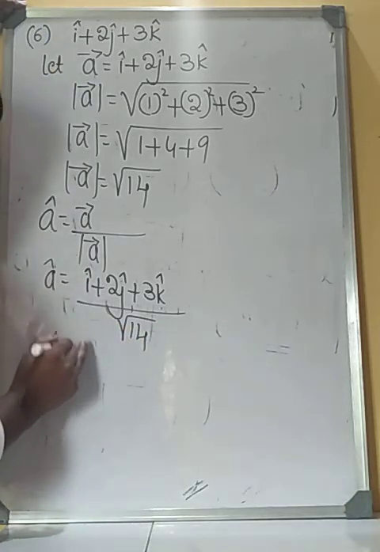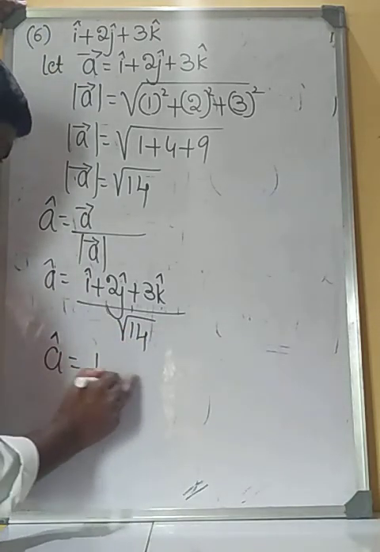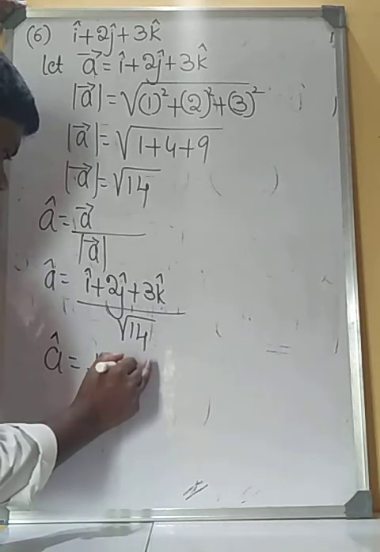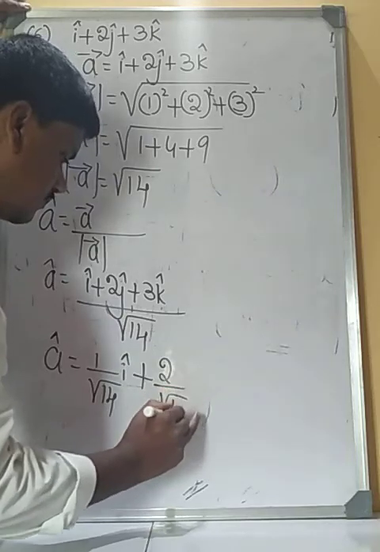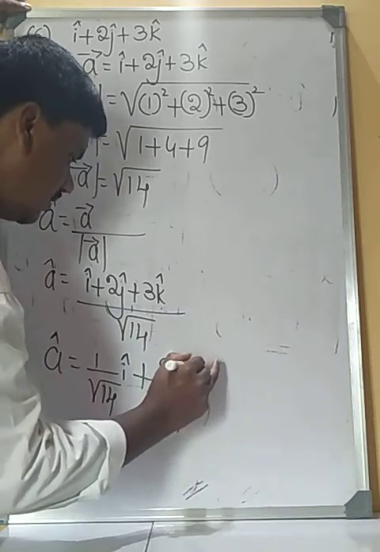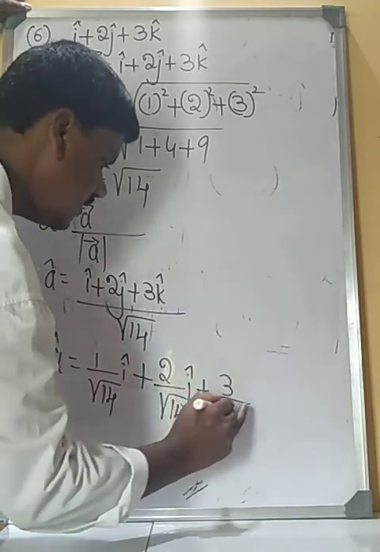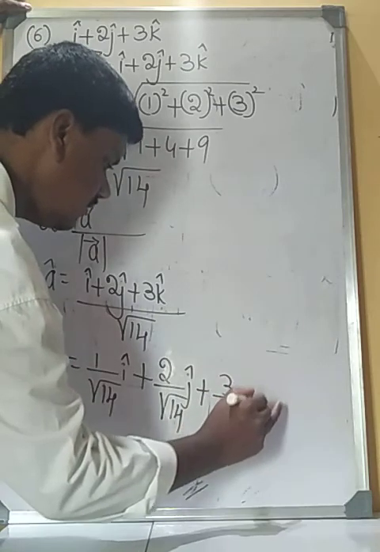Therefore, A cap is equal to 1 by root 14 i plus 2 by root 14 j plus 3 by root 14 k.